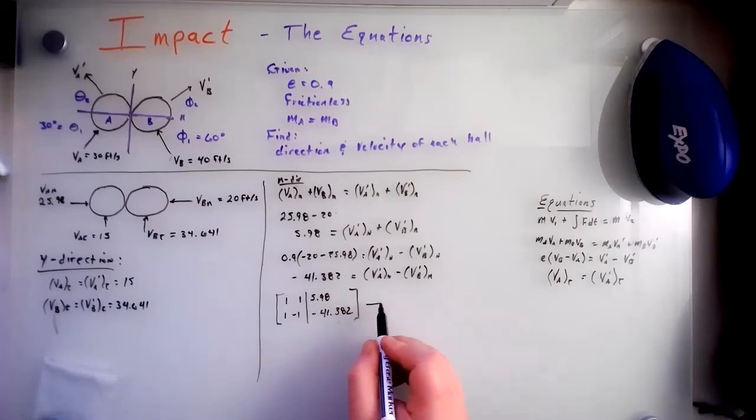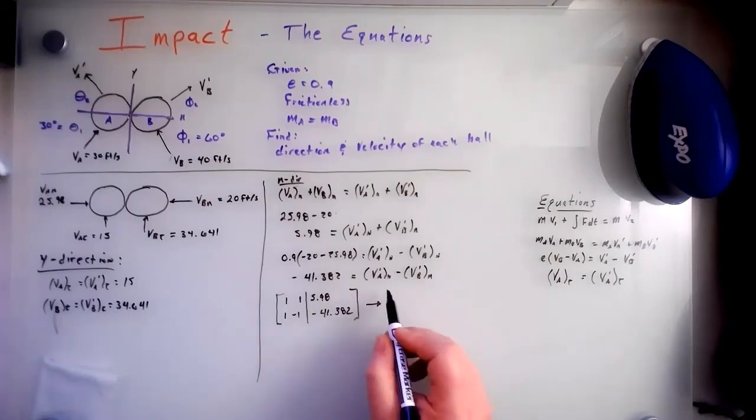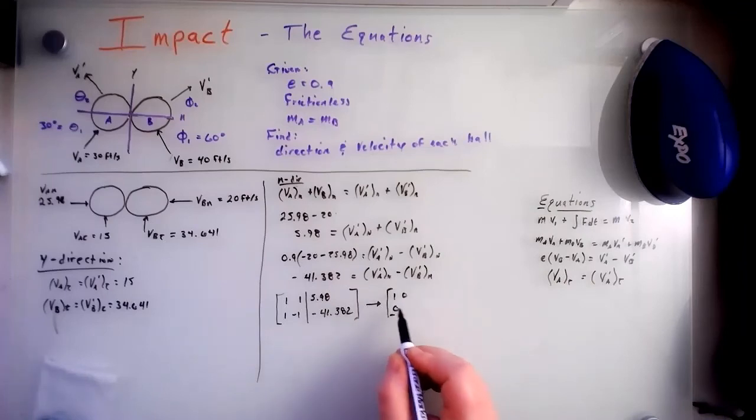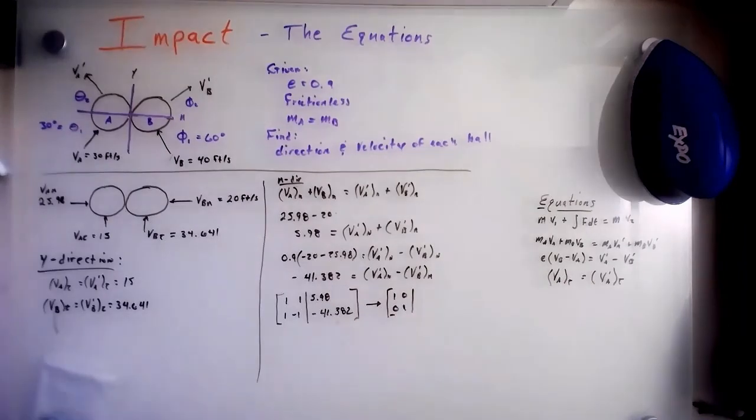Okay, and when we solve this, we get 1, 0, 0, 1, and let me run that through my calculator real quick. 1, 1, 5.98, then 1, negative 1, and minus 41.382.